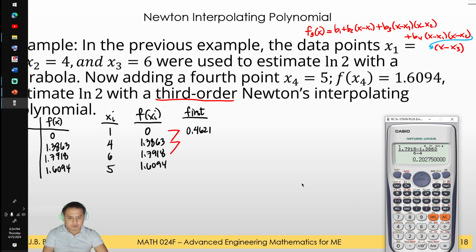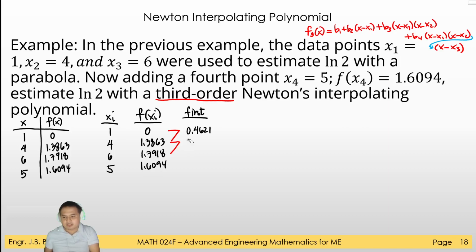So this will be 0.2028. I'll just fix this for decimal places. And then do this again.